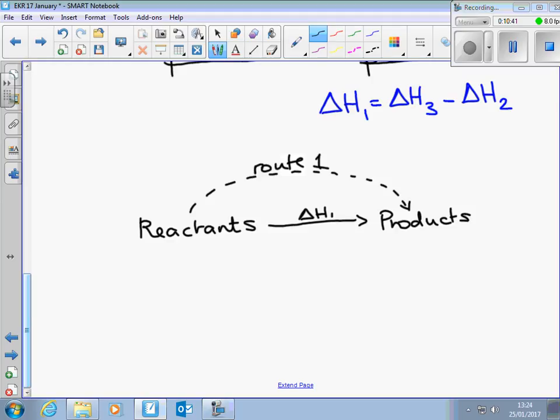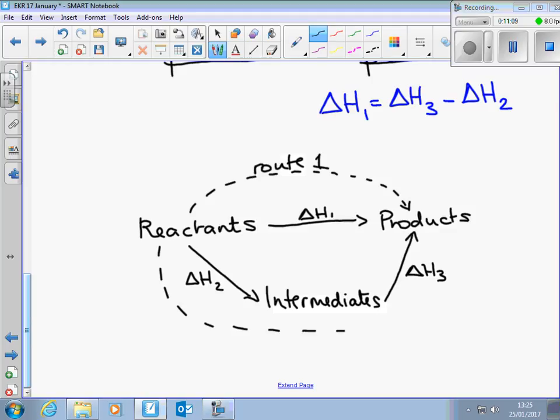However, our intermediates can be down here, and if we go from our reactants via the intermediates to the products, with delta H2 from there and delta H3 over here, then our alternative, route 2, could be around there.